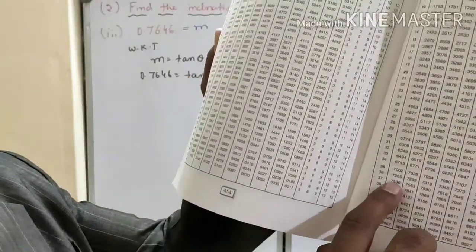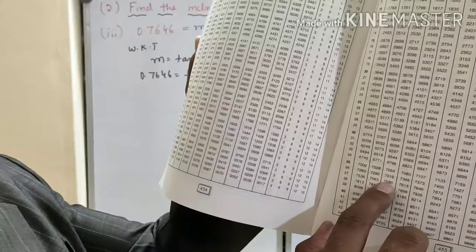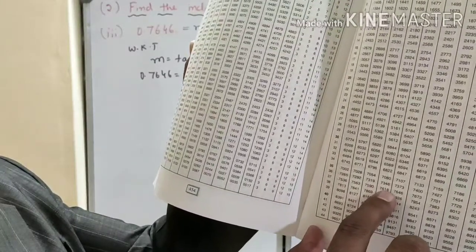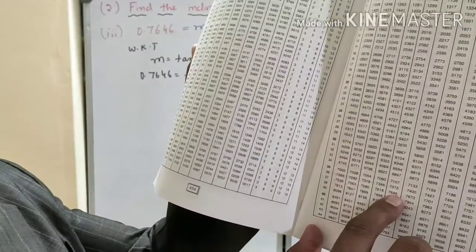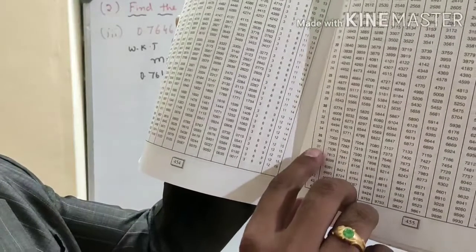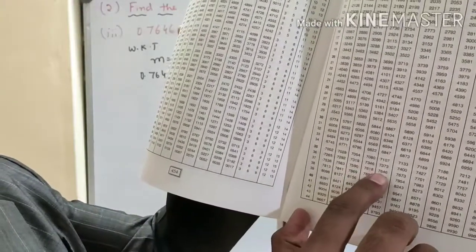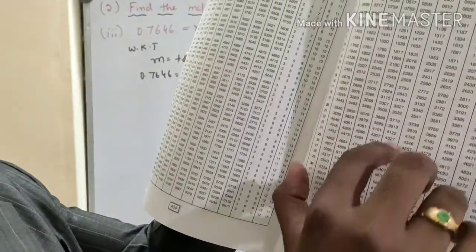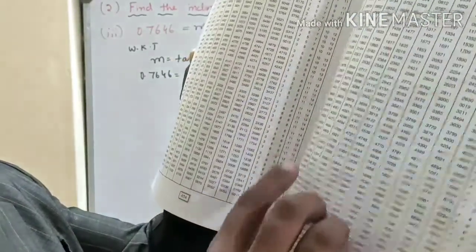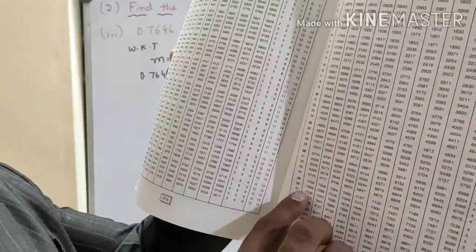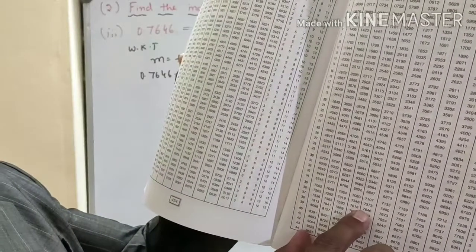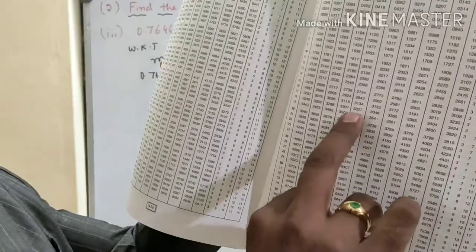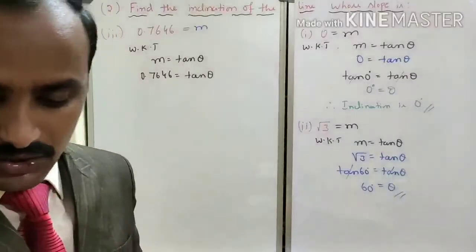I will go to this column only: 0.75, 0.7576, very less, 7646, we got that value. In the 37 degree row, 0.7646 will come, but this column is the minute column. Which minute will 0.7646 come in? 24 minutes. 37 degree, 24 minutes.